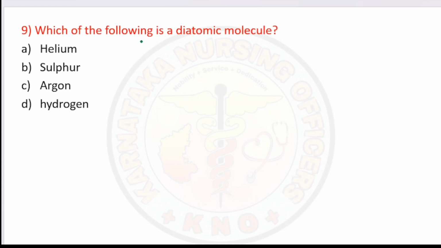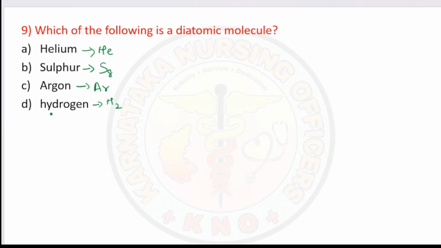Which of the following is a diatomic molecule? We have already discussed: helium is monoatomic because it is simply written as He. Sulfur is polyatomic, written as S8. Argon is monoatomic, simply written as Ar. And hydrogen is written as H2, right?